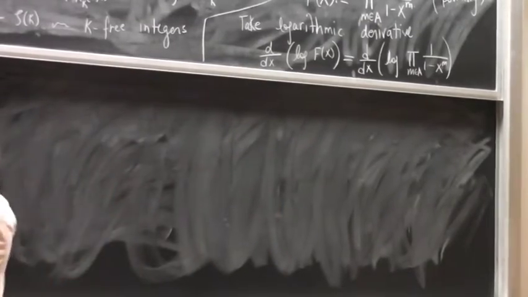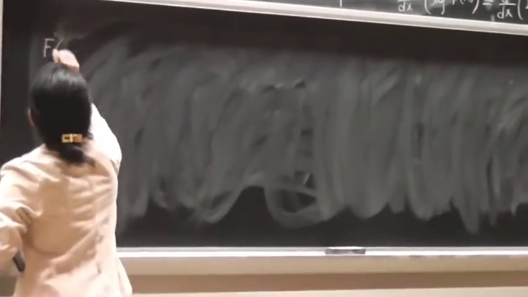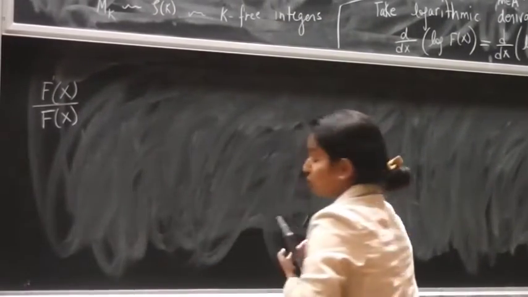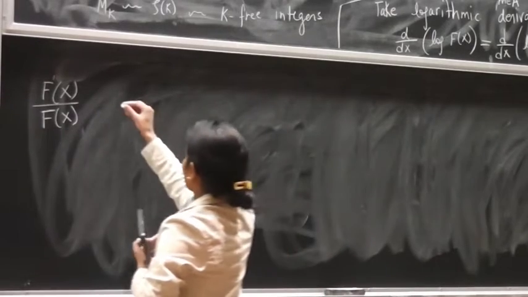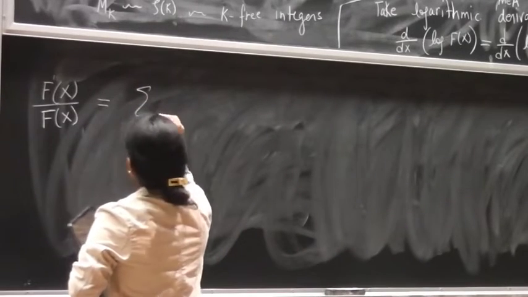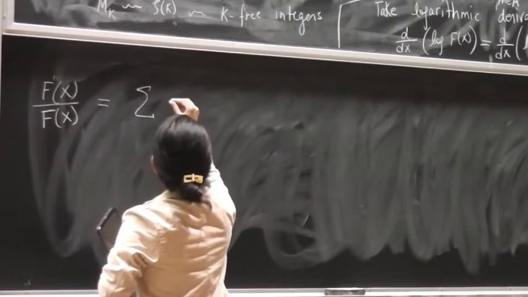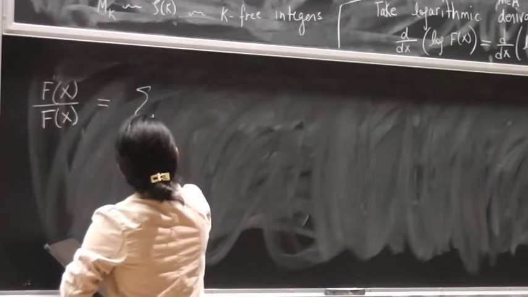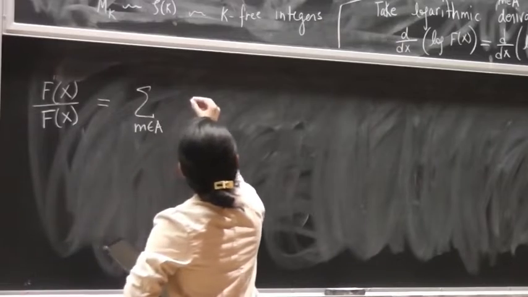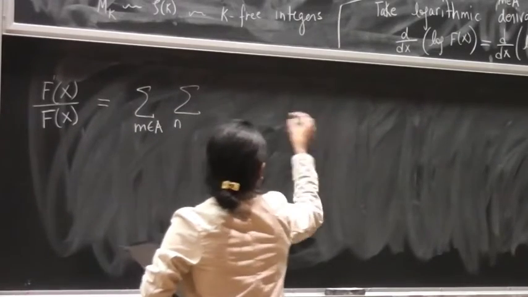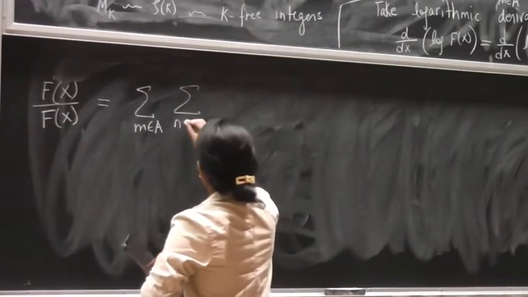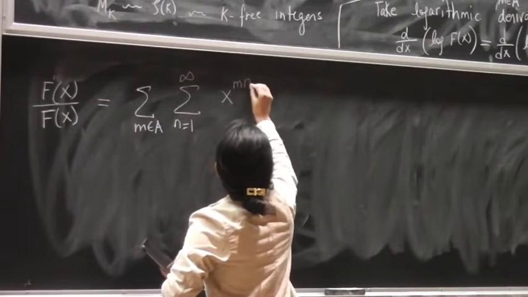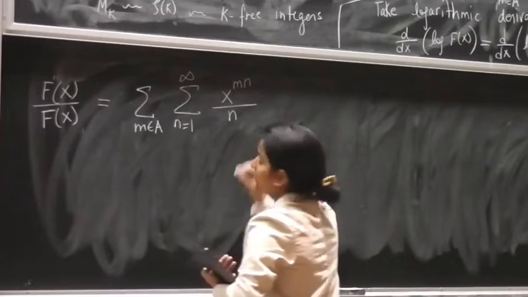So on the left hand side you get f prime of x over f of x. I can write this product as a sum of logs, and I'm just opening the power series expansion for logs. So n is from 1 to infinity, x to the power mn divided by n, right?